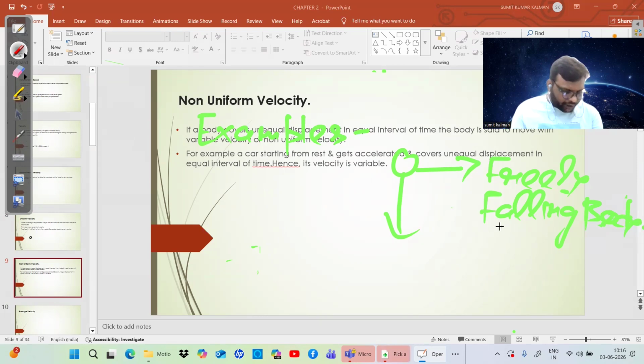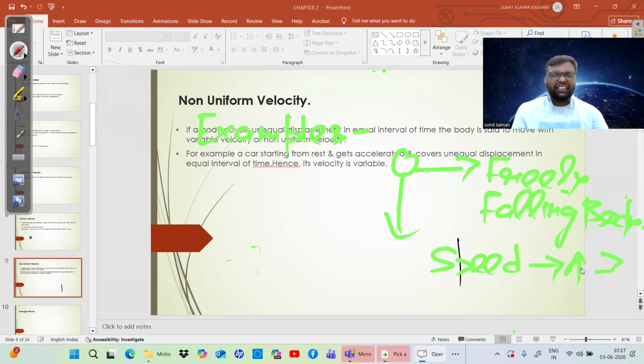Why? Because throughout the motion of the body, its speed will increase. If the body is at rest at some height and then falls, its speed will increase. If you calculate velocity at different instants of time, it will be different.